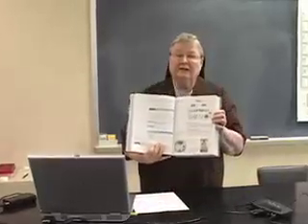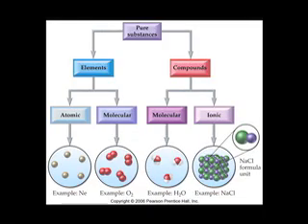First of all, we know that all pure substances are either elements or compounds. And the classification of elements and compounds is shown in this figure. What you might want to know is the elements are of two types. They're either atomic, in which they're just single atoms of that element, or they're molecular, which may be a combination of two or more atoms of the same element.